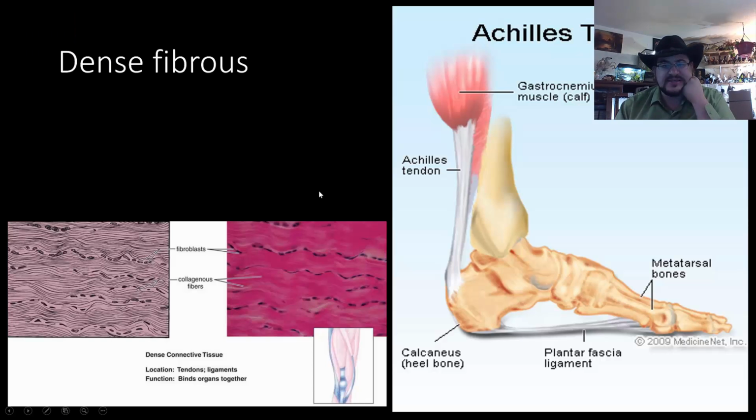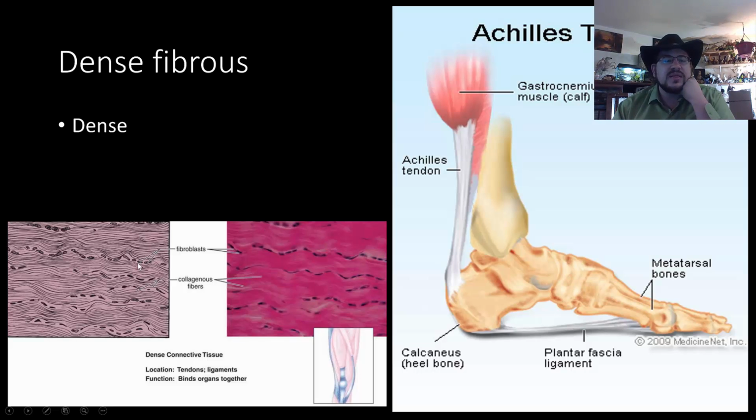Next up is dense, fibrous connective tissue. From the name, you can obviously tell that it is very dense. So, it is formed from dense layers of collagen.